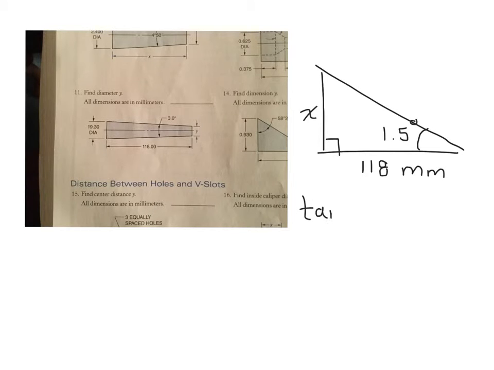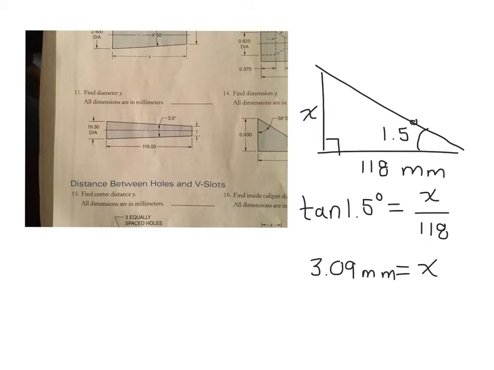The tangent of our angle, 1.5 degrees, is equal to opposite over adjacent. And of course we know to multiply both sides by 118 to determine the value of x, and we would find that the value of x is about 3.09 millimeters.